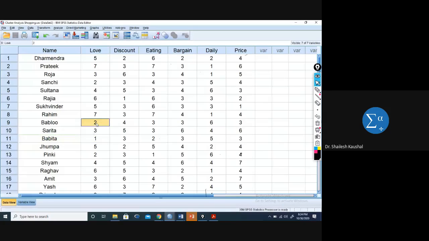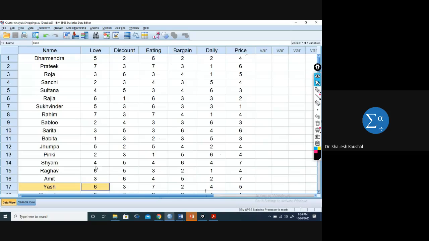She may be similar to Bablu and Babita because their choices for question number 1 are the same. So basically we club the same scores of people into one, like Rajia, her mark 6, and Raghav 6.